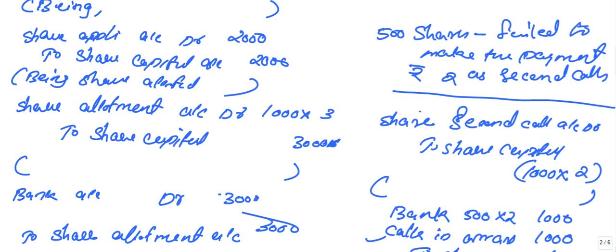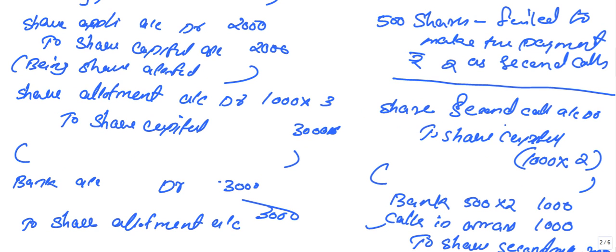Second call account debit to share capital, and here you can write the securities premium. How many rupees? 1,000 shares into 1 rupee.